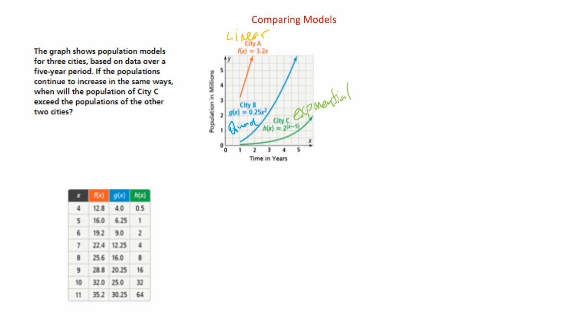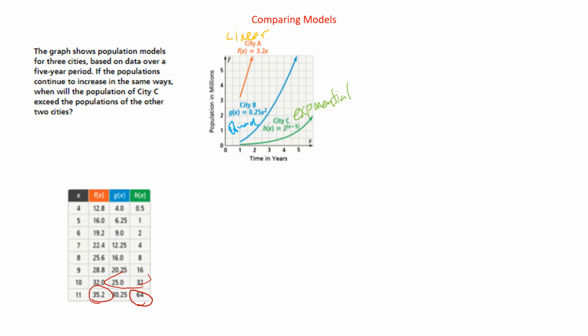If we do that, we'll see that city C passes city B on the 10th year, and then it passes city A on the 11th year, because exponential functions grow super fast, way faster than anything else. So we can find that.